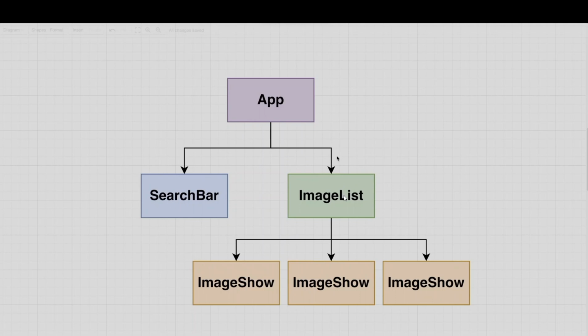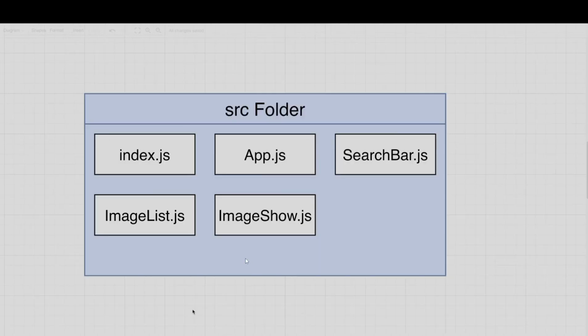Image list will have further child components, and the number of image show components will depend on how many images we want to show related to that subject.